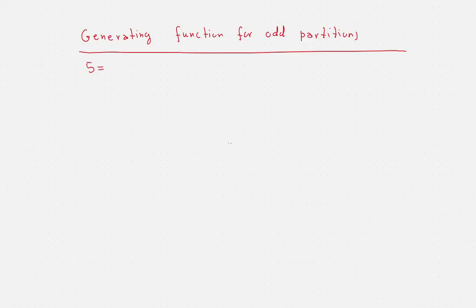So let's say for 5, this would be an odd partition into ones, or 1 plus 1 plus 1 plus 3, or simply 5. So these are the 3 odd partitions that we have.